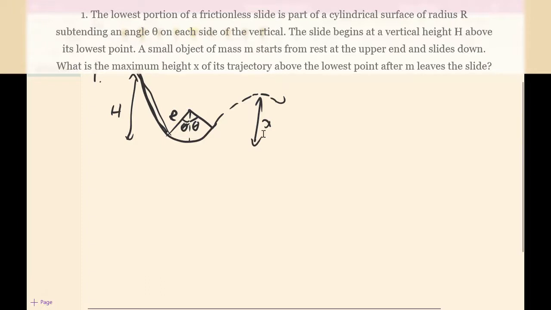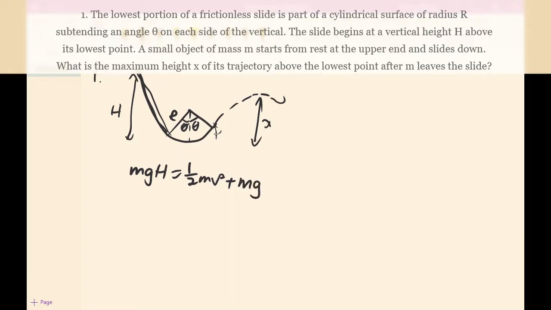Okay, so first we can find the velocity of the mass at the end of the slide pretty easily. That's just conservation of energy. From that, we get that mgh is equal to 1/2 mv squared plus mg times the height here, and that would be mg times r times 1 minus cosine theta.